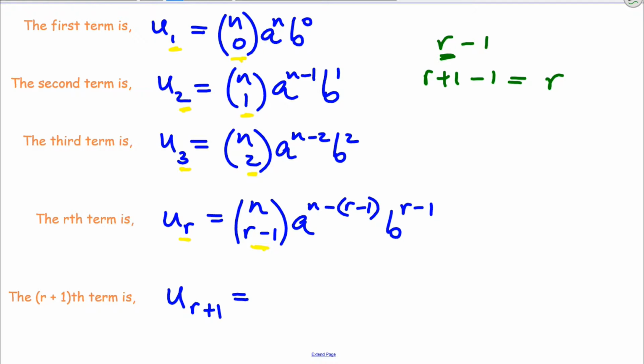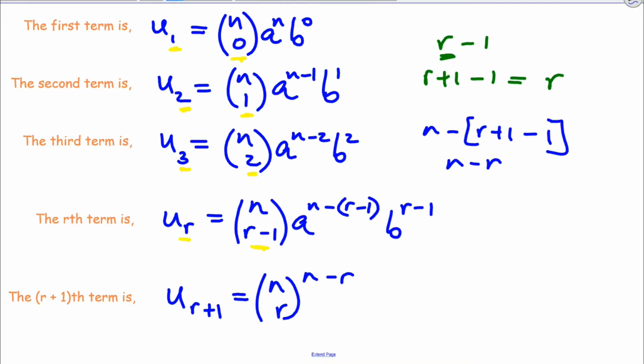So what I'm trying to say is that if you plug r plus 1 in place of r, you end up with nCr. And n minus (r + 1) minus 1, the ones cancel, so that is n minus r. And then this will be b to the power r.